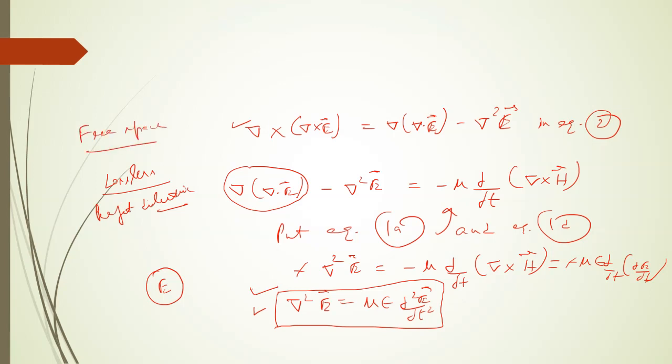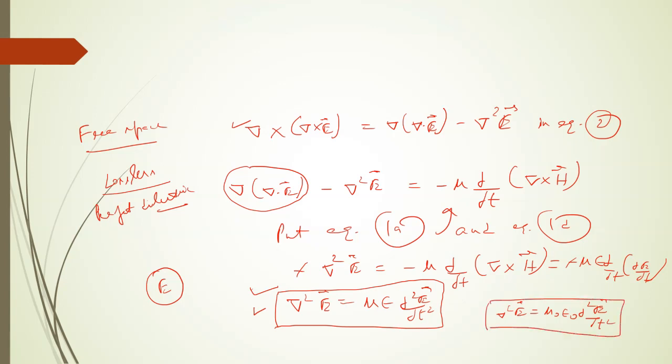In free space, the only change is that instead of mu and epsilon, we have del square E equals mu naught epsilon naught curly square E by curly T square.